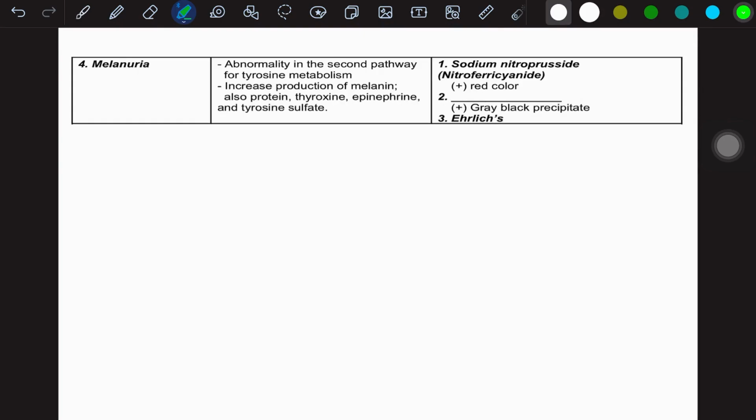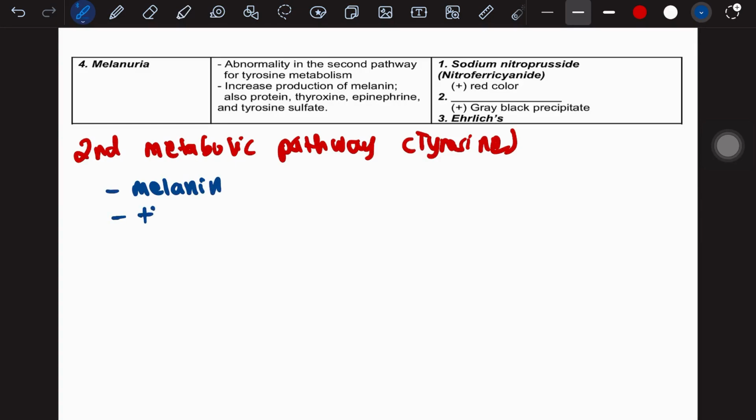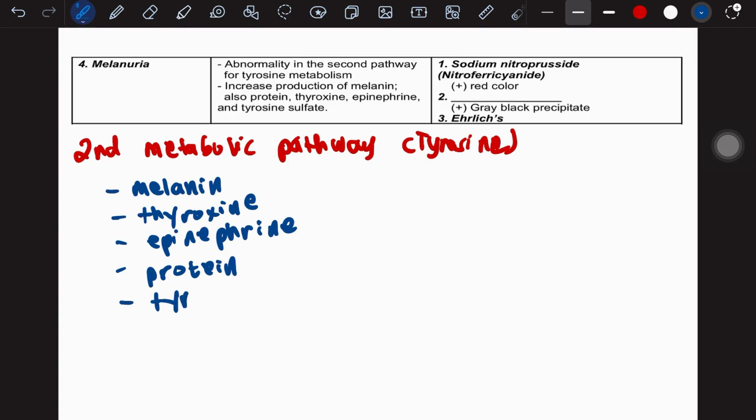So, our tyrosine has another pathway. So, for the second metabolic pathway for tyrosine, let us put it here: second metabolic pathway for tyrosine. That was the first pathway. So, the second metabolic pathway for tyrosine is responsible for melanin, thyroxine, epinephrine, protein, and tyrosine sulfate.